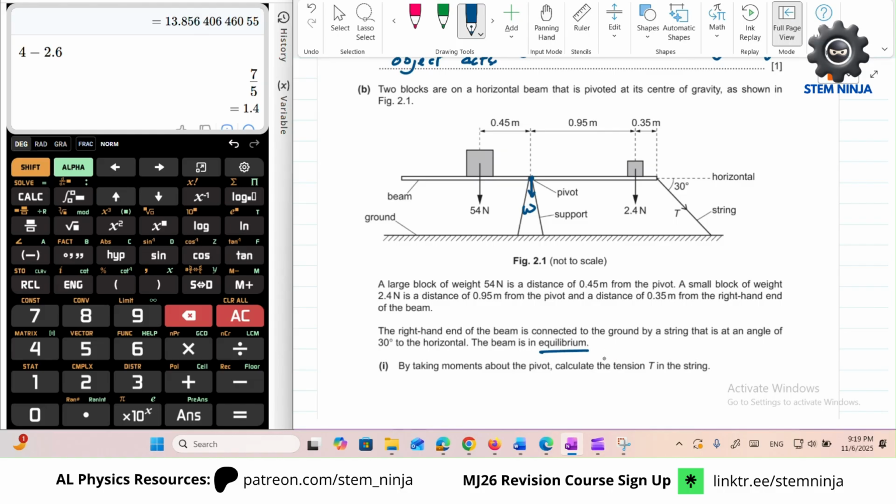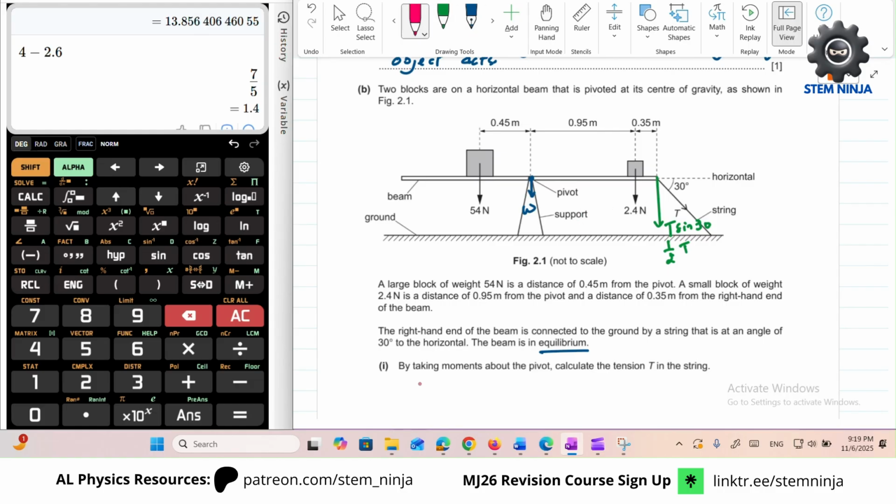The beam is in equilibrium. That means sum of forces, sum of moments is 0. By taking the moments about the pivot, calculate the tension T in the string. Okay, so we will need to consider T sine of 30. Sine of 30 is half, so half of T. Right, okay.